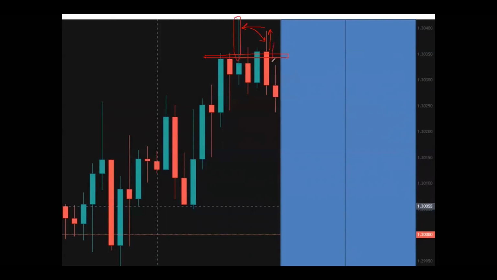So it moved down. It rejected that area. Then the next candle tried to move back up into this zone, but it closed below all these candles to the left. So what does this mean? Now there's a higher chance that we are going to move down than move up.